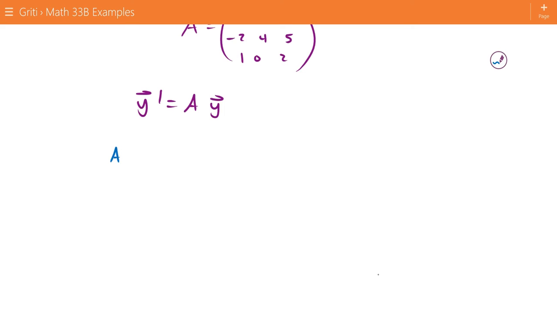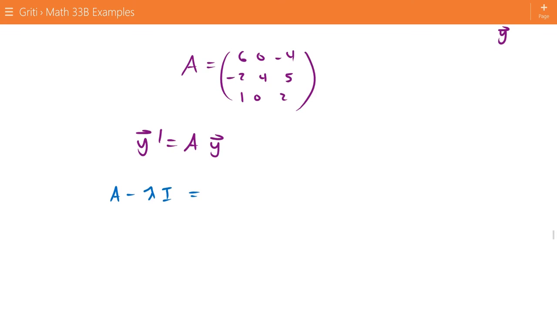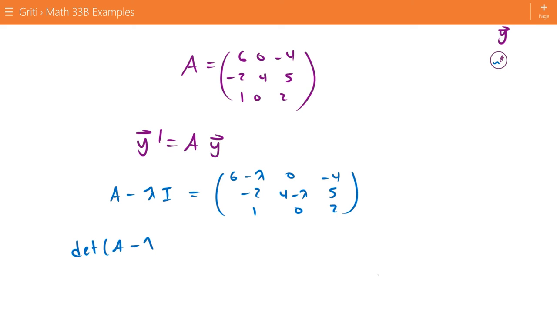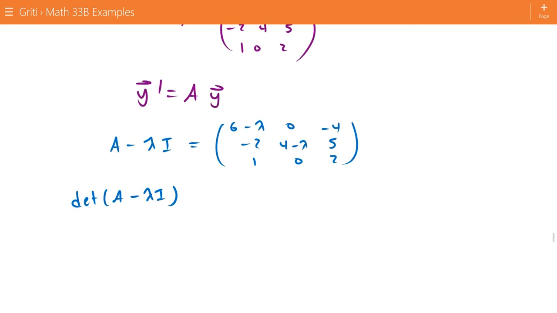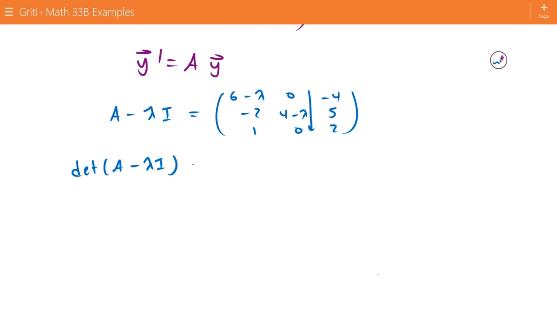We look at the matrix A minus lambda I, that is 6 minus lambda, negative 2, 1, 0, 4 minus lambda, 0, and negative 4, 5, 2 minus lambda. The determinant of this, if we expand along this direction, is going to be 0 times the determinant of its associated submatrix.